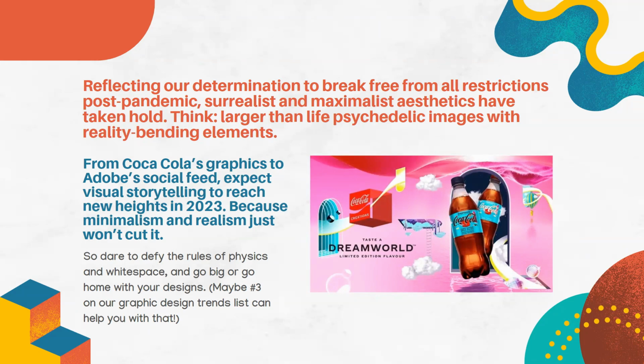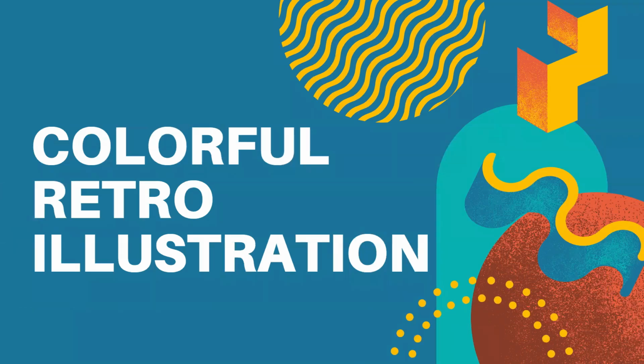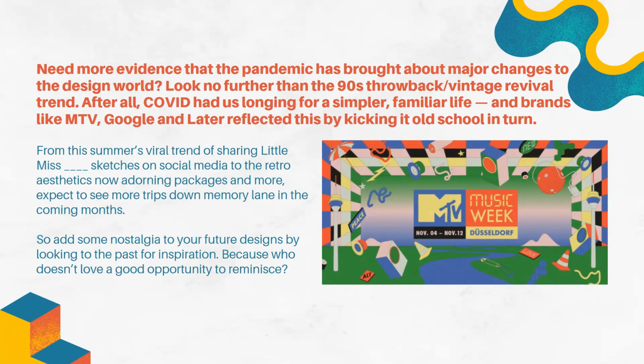So meron diyan, may clouds, merong something na merong shape dyan sa may Coca-Cola, tapos may lumalabas na mga elements. So yan yung mga samples ng surrealist maximalism.